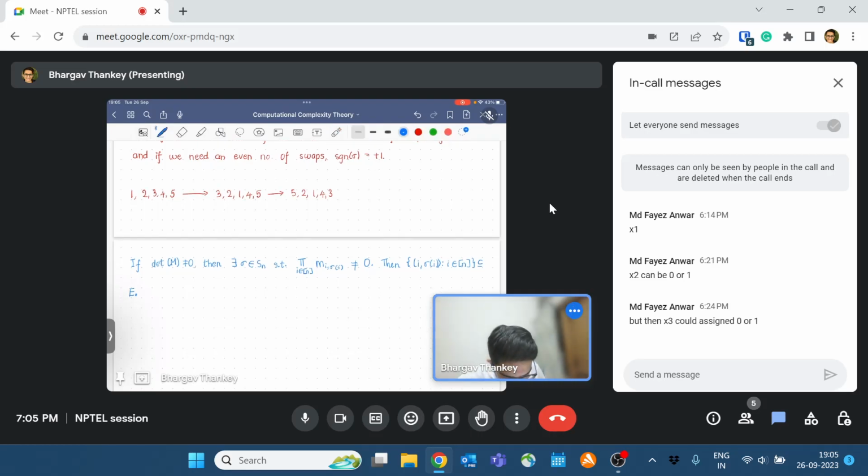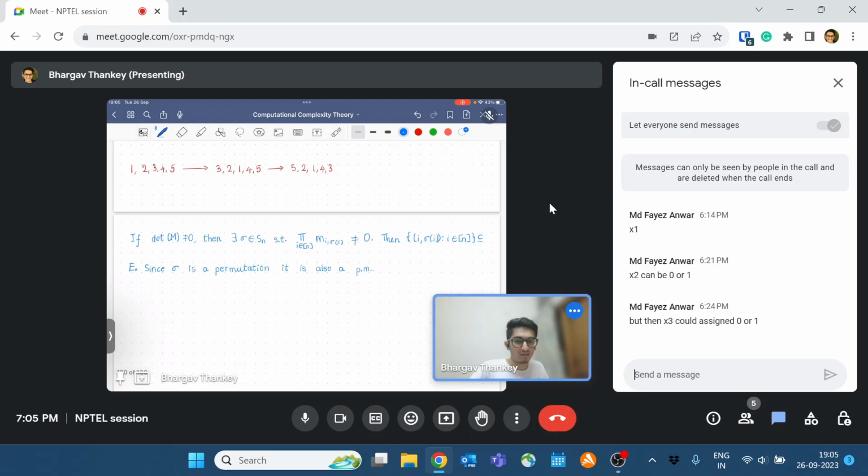Since sigma is a permutation, it is also a perfect matching. Why? When would this be a perfect matching?